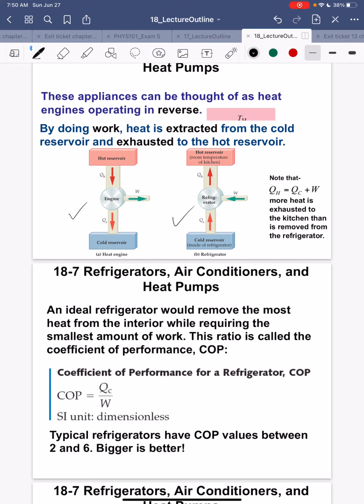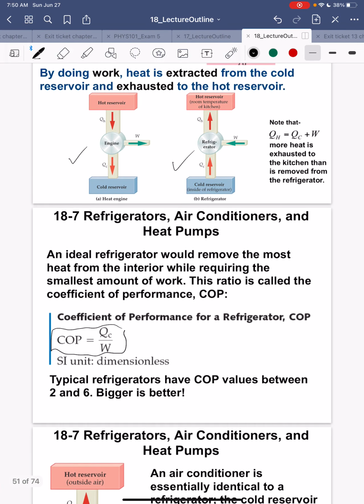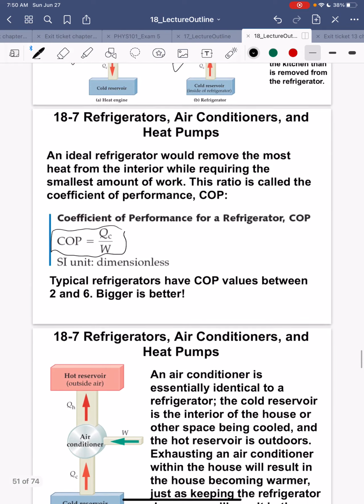An ideal refrigerator would remove the most heat from the interior while requiring the smallest amount of work. This ratio is called the coefficient of performance, COP, and it is QC divided by the work. Typical refrigerators have coefficient of performance values between 2 and 6. Bigger is much better.